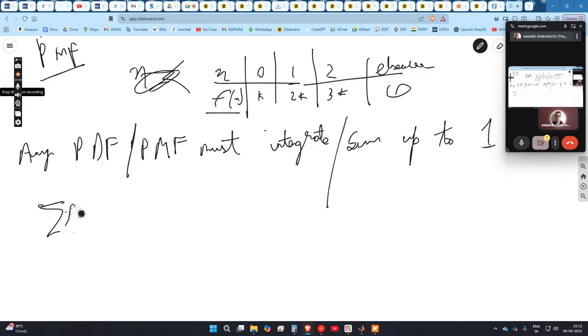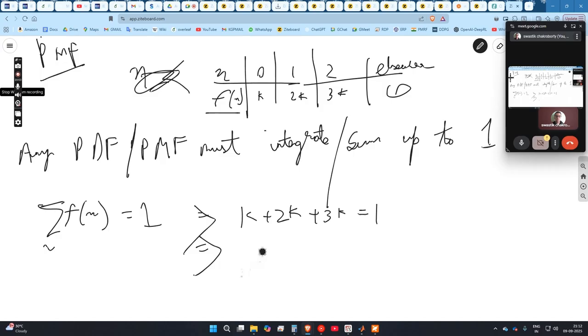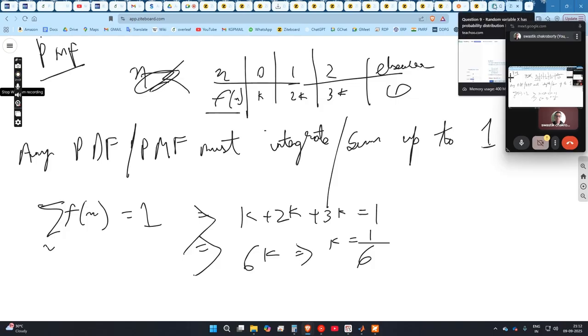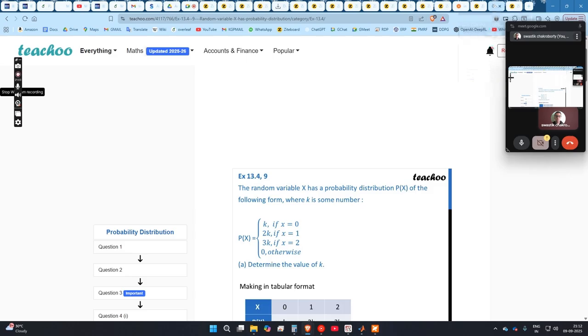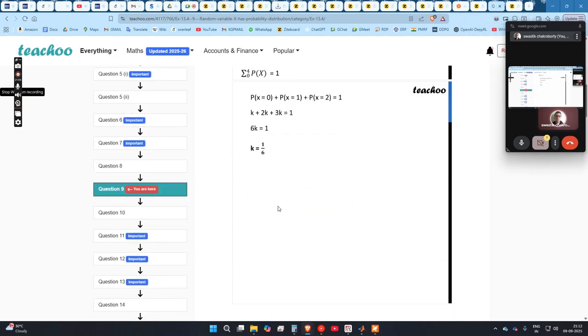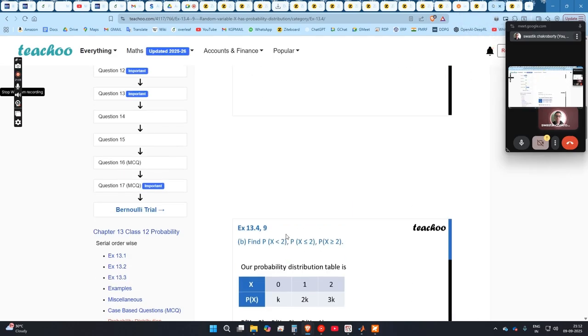So summation of f(x) over all x should equal 1. So it is k plus 2k plus 3k. These are the three values, and it should equal 1. So this implies 6k equal 1, or k equal to 1 by 6. Now the question is to determine the value of k. So the value of k is 1 by 6.